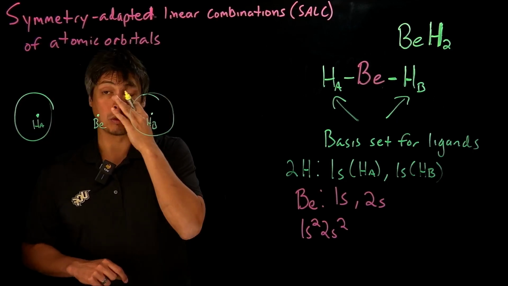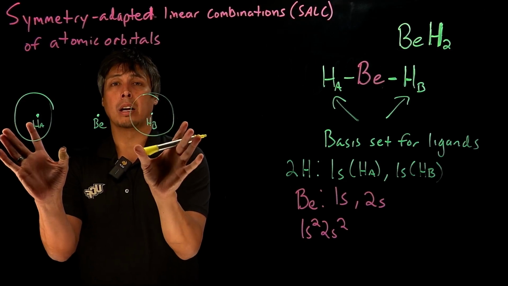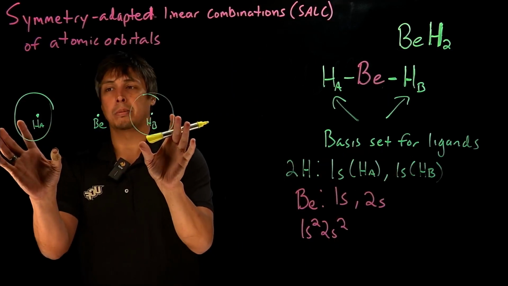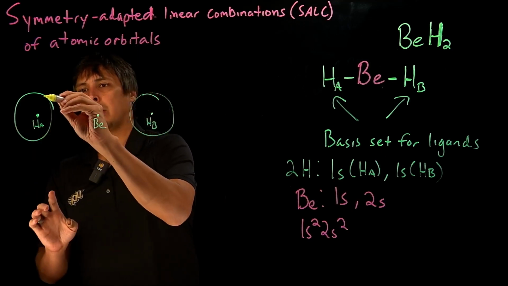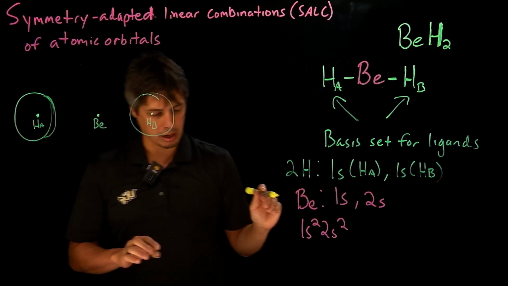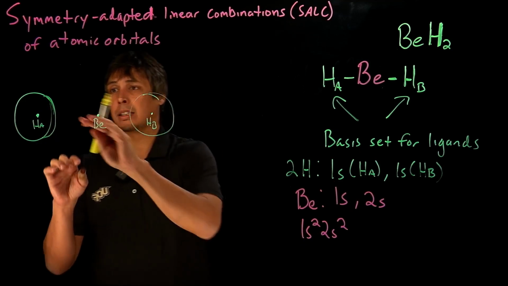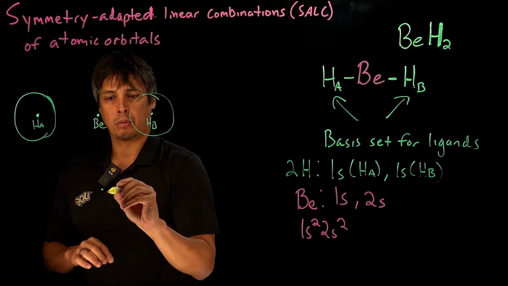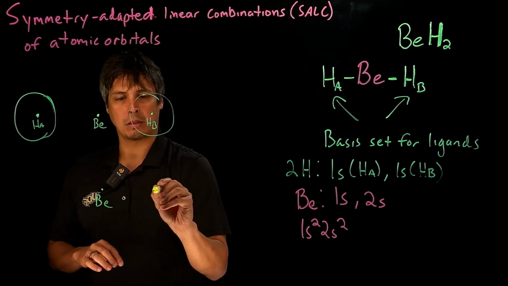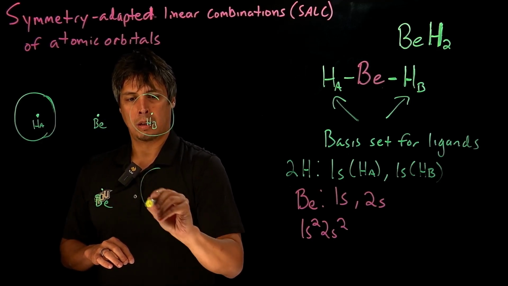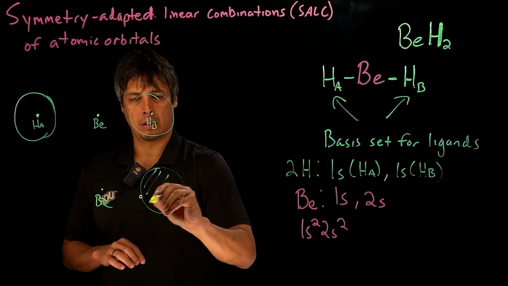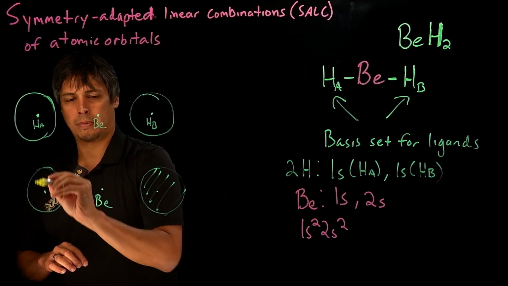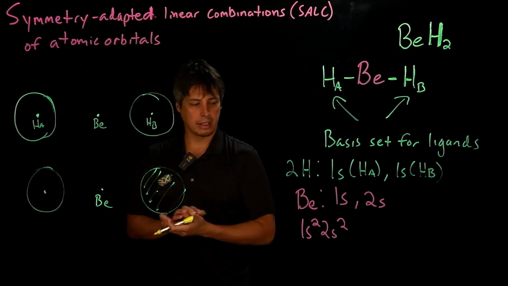One way we could draw this is that the two 1s orbitals, 1s for HA and 1s for HB, have the same phase. Or we could draw it where these have opposite phases. Right, so we could draw it like this, okay?